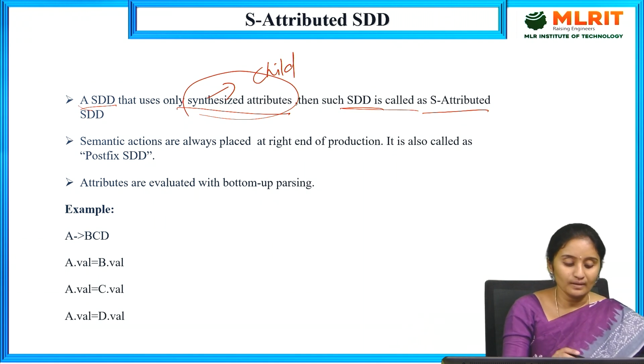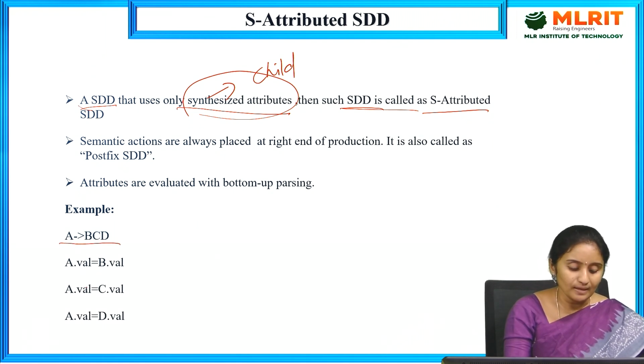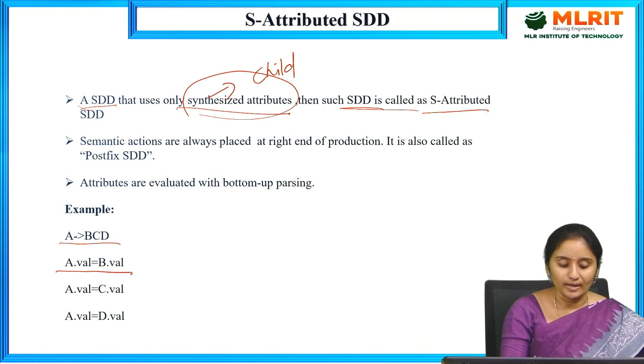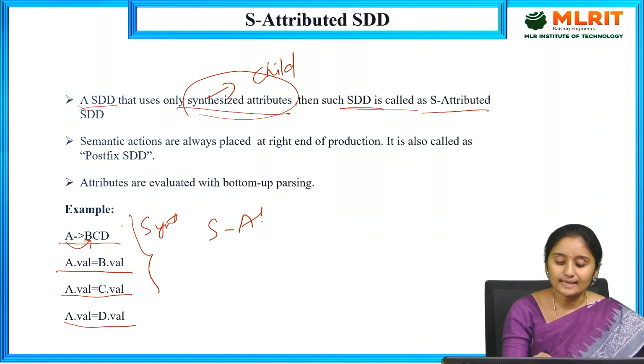See here, A produces B, C, D. A.val equal to B.val, A.val equal to C.val, A.val equal to D.val. So what is a synthesized attribute? A parent node takes value from its children. Then we call it a synthesized attribute, and such an SDD is an S attributed SDD.